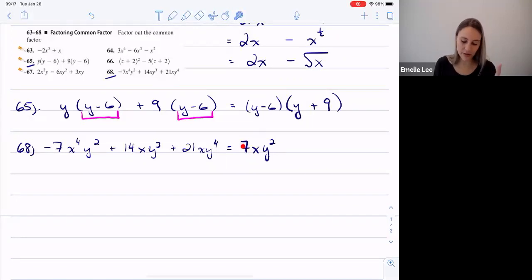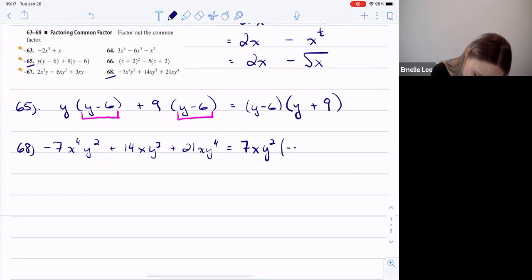Now I need to figure out what 7xy squared needs to be multiplied by to become negative 7x to the 4th y squared. So I definitely need a negative, and I need to bump up my x from x to the power of 1 to x to the power of 4.